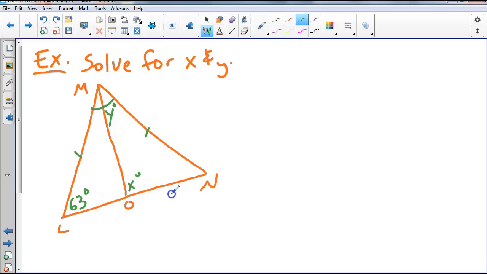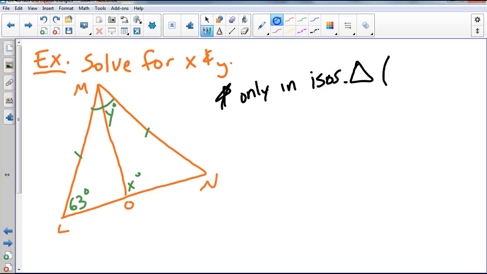So one note you might want to write down is only in isosceles triangles, that also includes equilateral, because isosceles says 2, but if you have more than 2 sides congruent, then it's also true for equilateral.